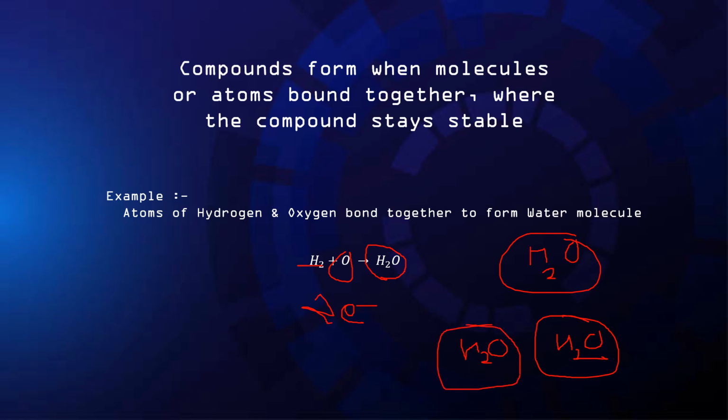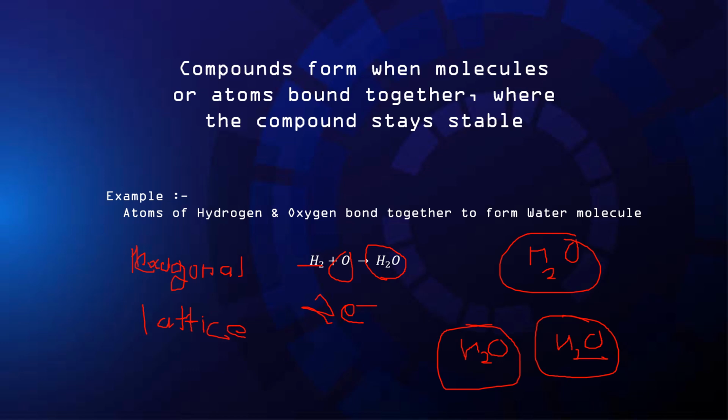These molecules bond together in what we call a hexagonal lattice. We'll talk about this later, but I'm just going to say it now. Water molecules bond in a hexagonal lattice.